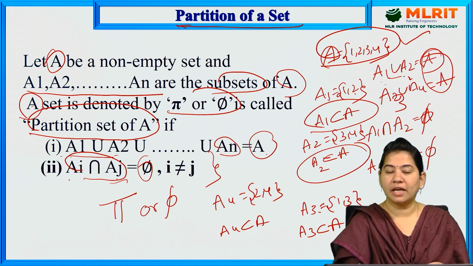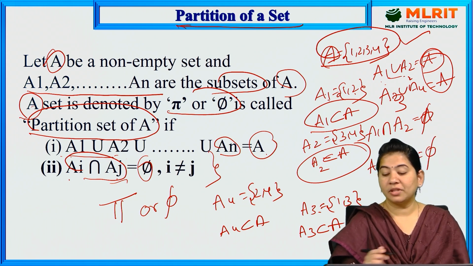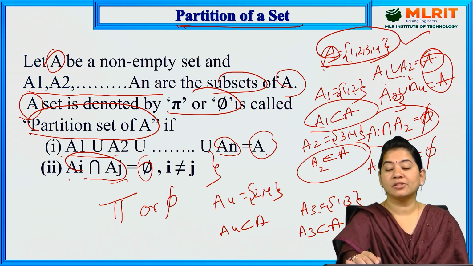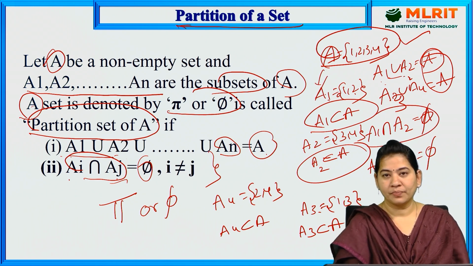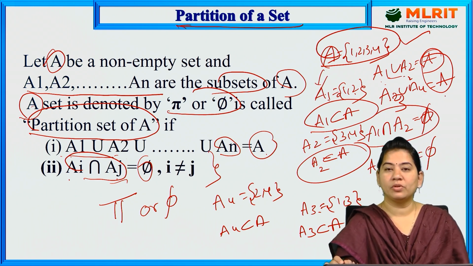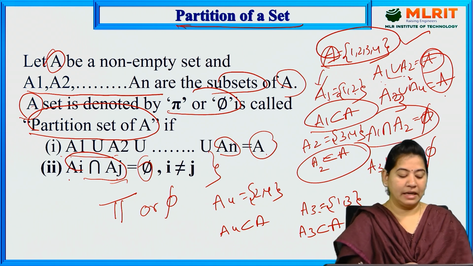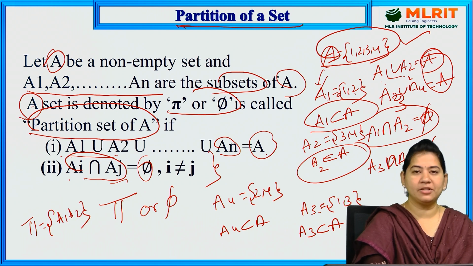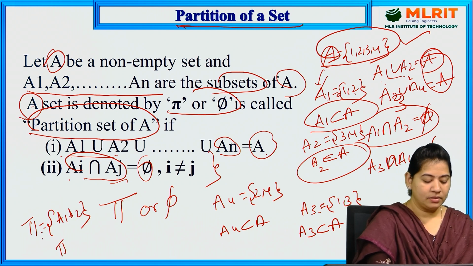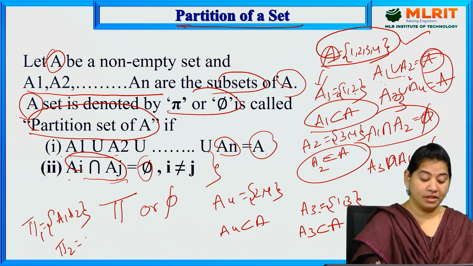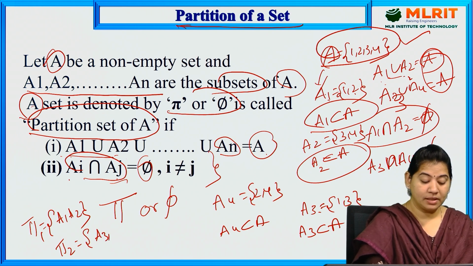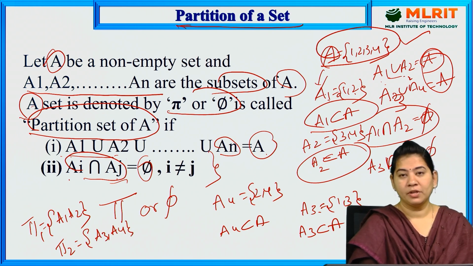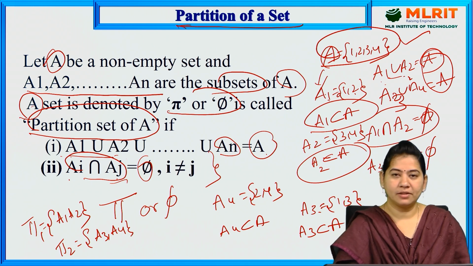I will not get any common element. Then I can say that this A has a partition set, as it is satisfying both conditions. So in this situation, what are the partitions? A1, A2 are a partition, and another partition also exists for the given set, that is A3, A4. So these are the partition sets.